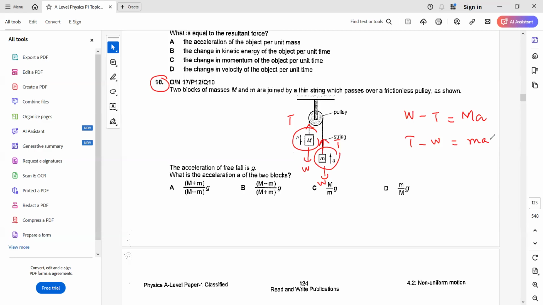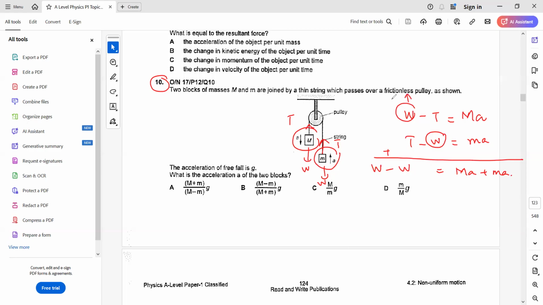If we have to work out the acceleration, it can be equated by just adding them up. So what do we have? If I just add them up, no, no, because that would be different. I'll have this W minus W. That won't be 0 because W is mg, right?